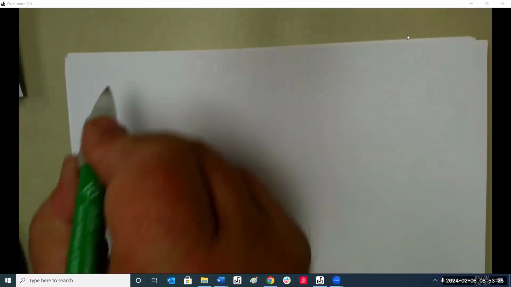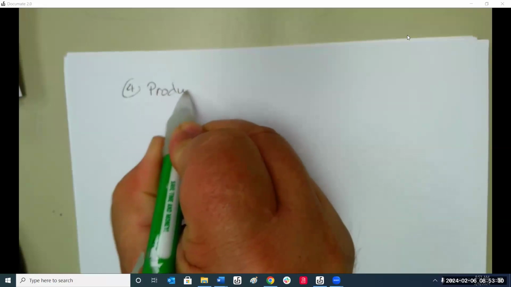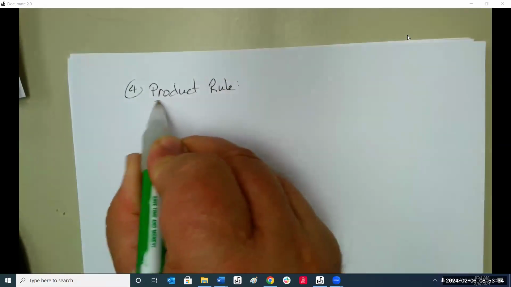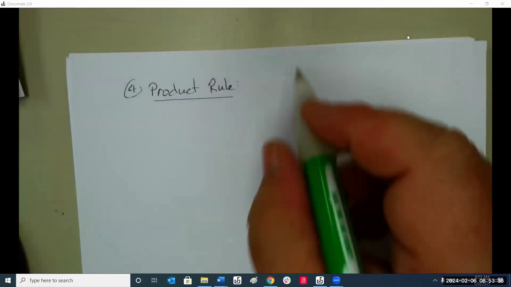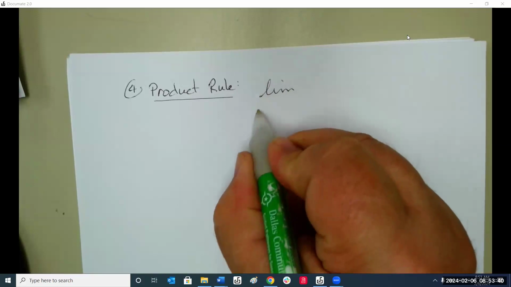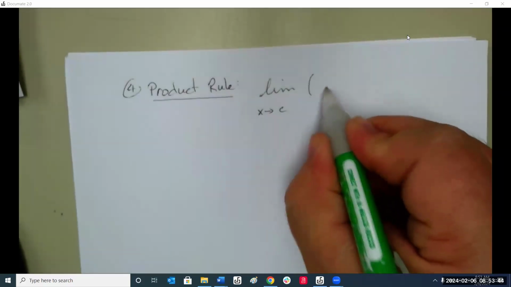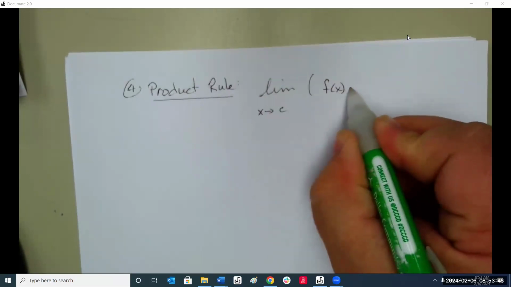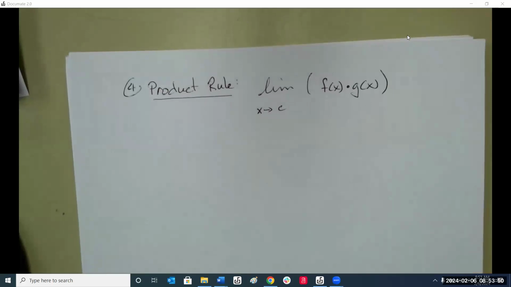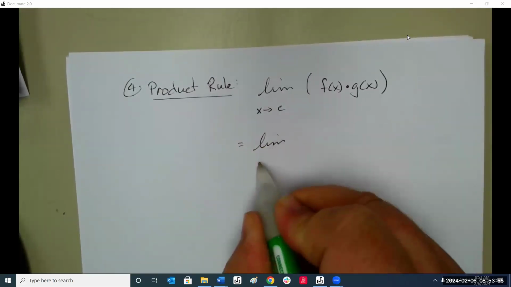The fourth one is the product rule. I'm taking the limit as x approaches c of the product of two functions. I can split them up.